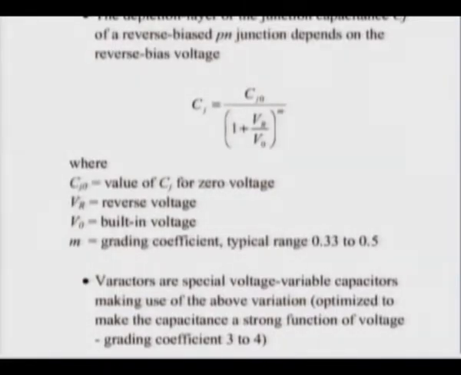The only difference is they are optimized for this purpose. Therefore, the grading coefficient is made between 3 to 4, so that the capacitance variation is a strong function of the reverse voltage. Now, where do we use this?